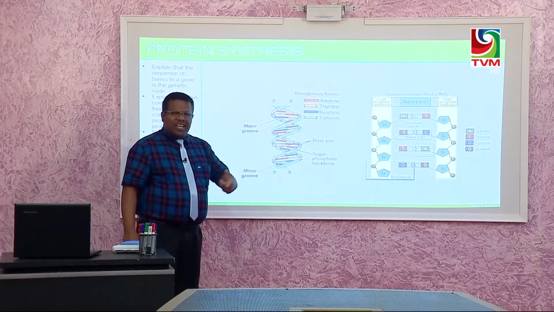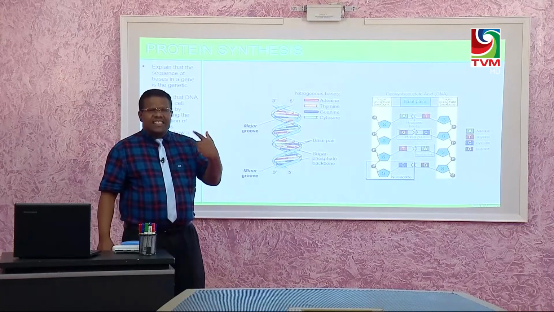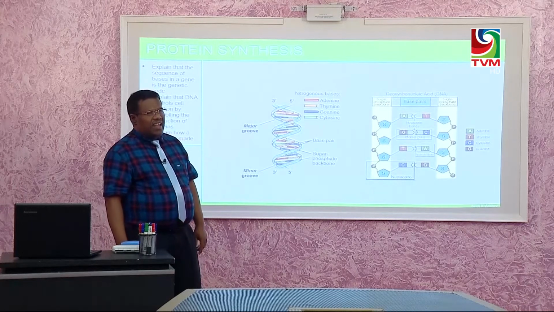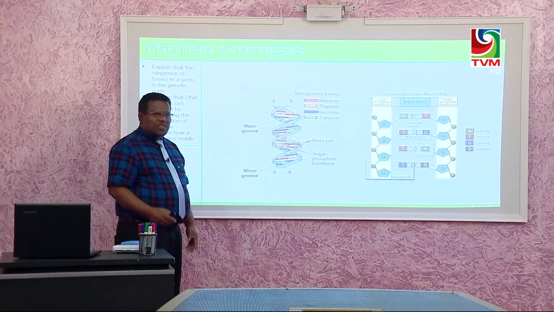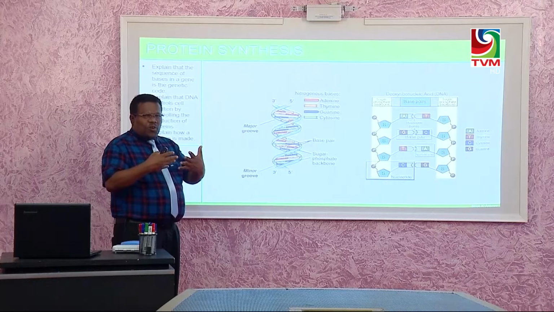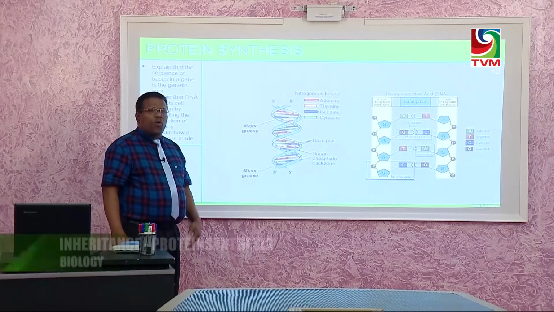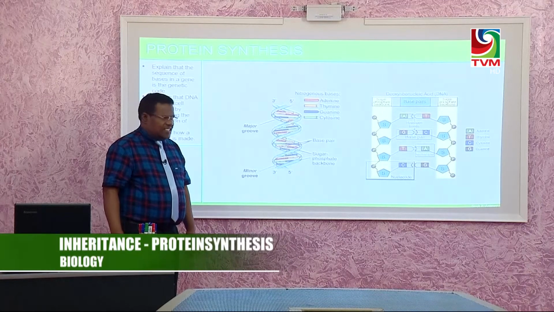The other nucleic acid is the RNA, and RNA also has a role to play in protein synthesis. So we should know the difference between DNA and RNA before going into protein synthesis.